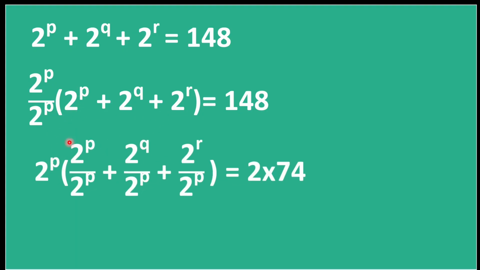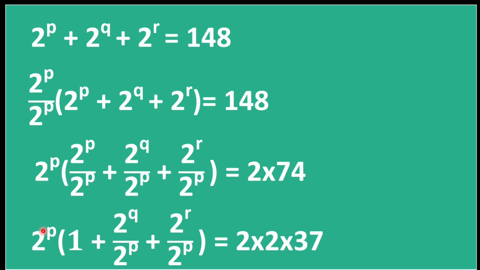After writing 2^p in the denominator, this 2^p will cancel this 2^p. So our equation will become 2^p into (1 + 2^q/2^p + 2^r/2^p), and this is equal to 148.